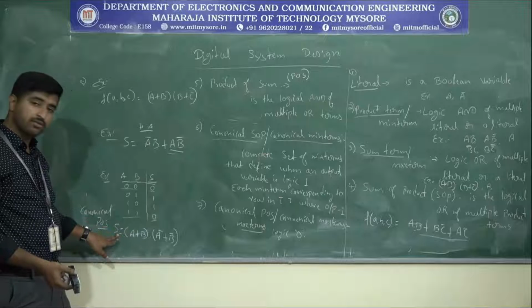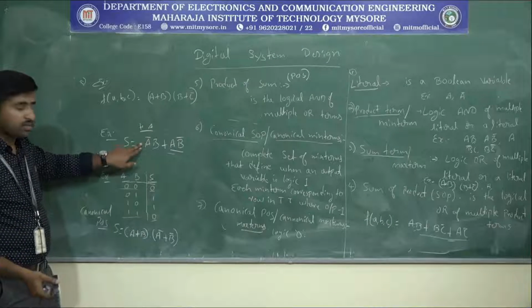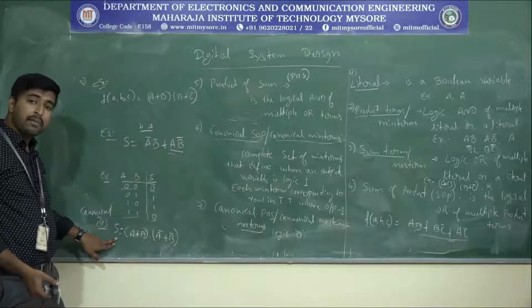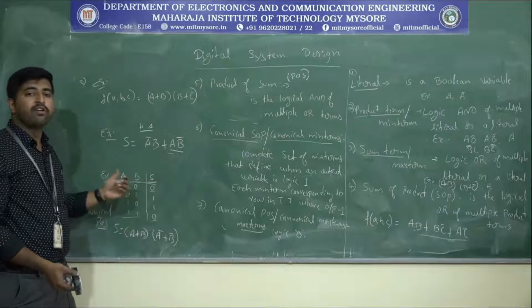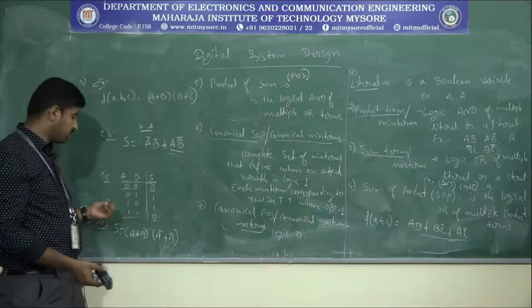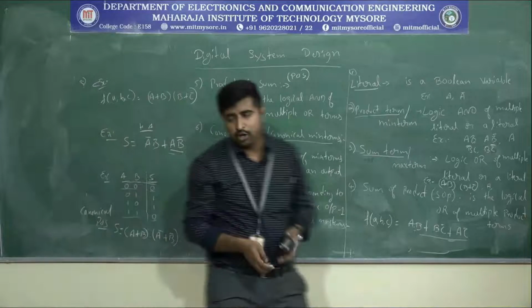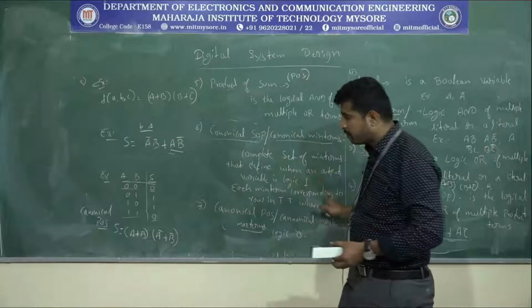See these two equations: this is the canonical min term equation and this is the canonical max term equation. When writing the max terms, we look at the output for logic 0, and when writing the min terms, we look for logic 1.